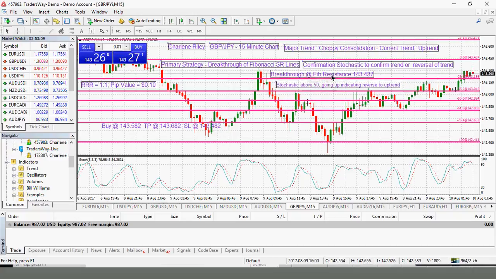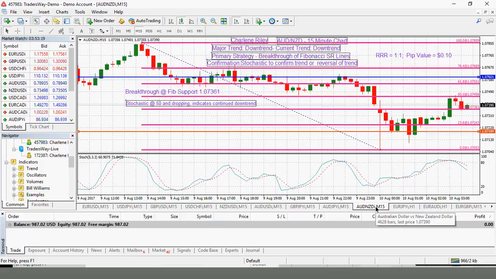And I'll adjust these once we have confirmation to enter into a trade. So interestingly, we're still showing a bullish candlestick forming here. It's possible that the market wants to go back up.